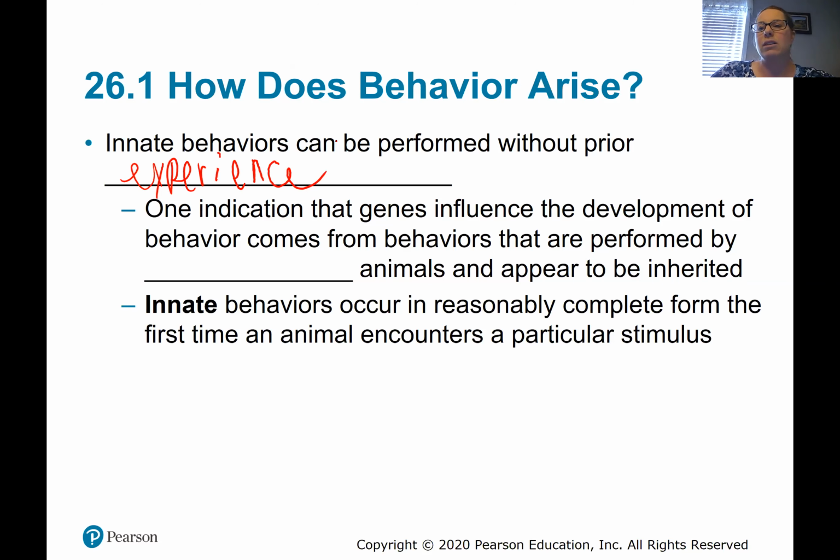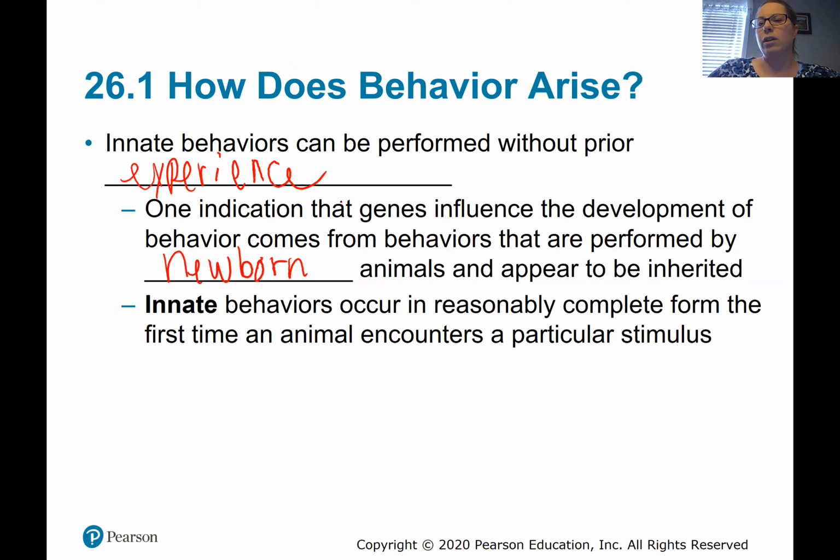You just have them because you're human. That's what an innate behavior is. It's a behavior you have because you are human, or because a sparrow is a sparrow. One indication that genes influence the development of behavior in animals is that they're performed by newborn animals.